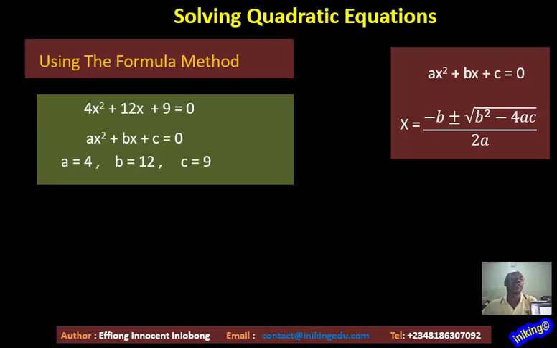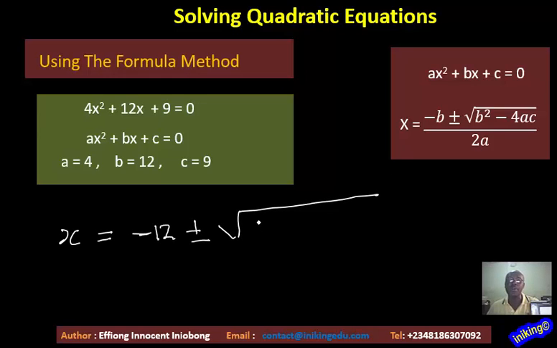Now let's go ahead and substitute into the equation. x is equal to minus b, our b is 12, so I'll just put 12 there, plus or minus the square root of what? b squared.